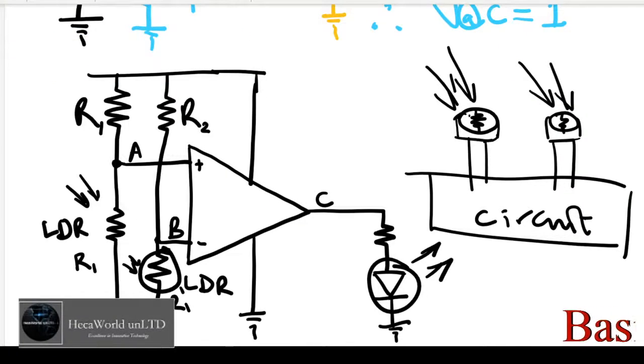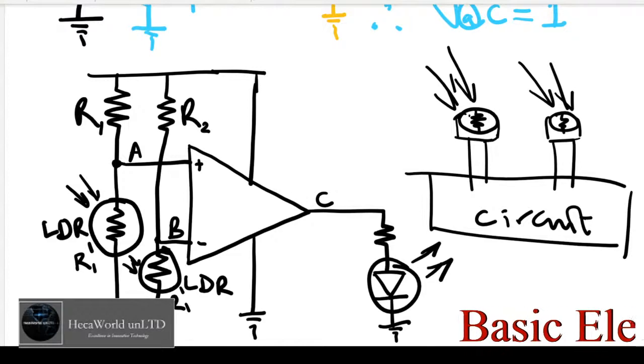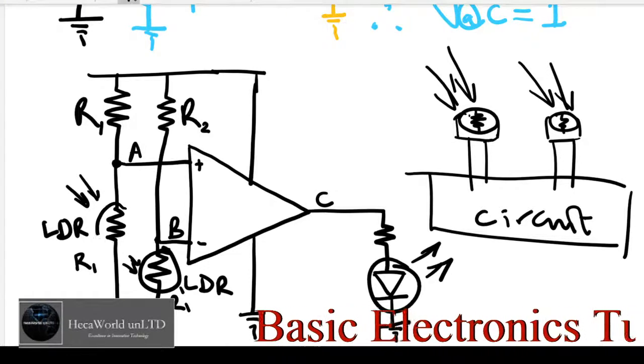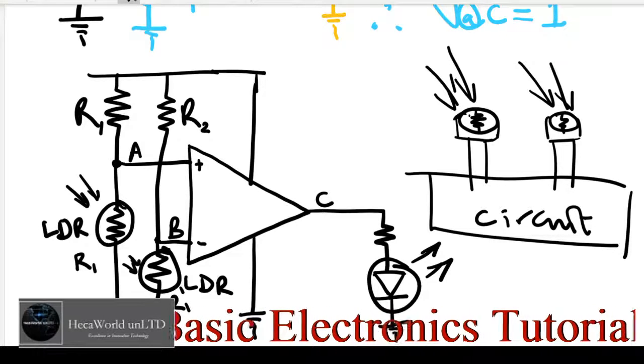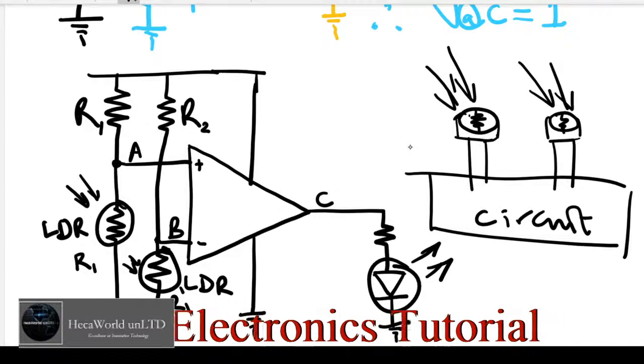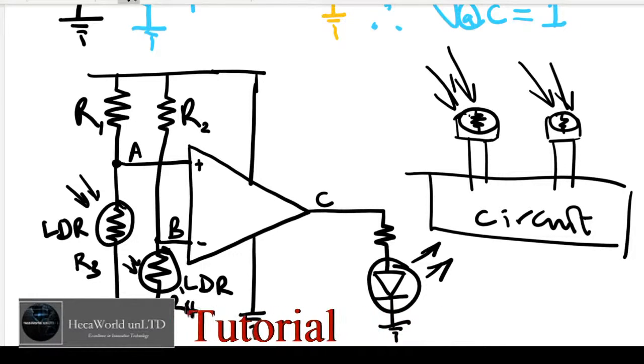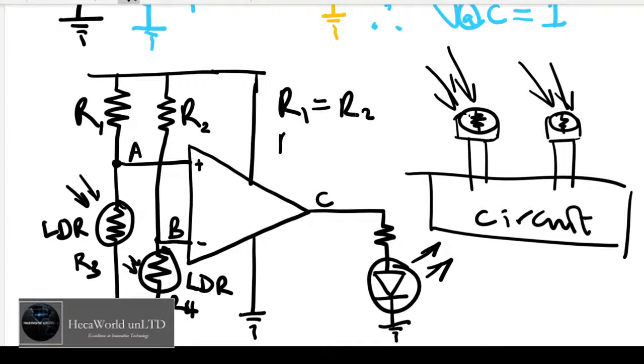Let's change this back. Let's change this a little bit. Let's call this R3 and this R4. Forget about the prime. So, in that case, we'll say that R1 is equal to R2 and R3 is equal to R4.